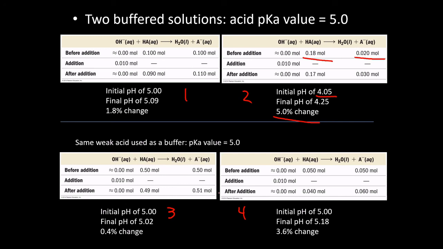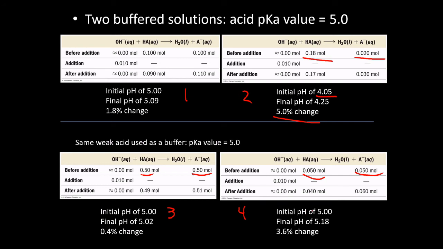Similarly, down here in examples 3 and 4, we again have the exact same acid, and in this case, we're going to have the same ratio even for both of these. We have half a mole and half a mole on the left, but we have 0.05 and 0.05 moles in the second or the fourth solution here.